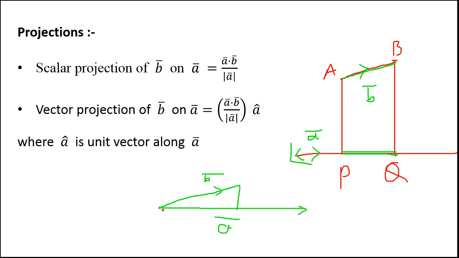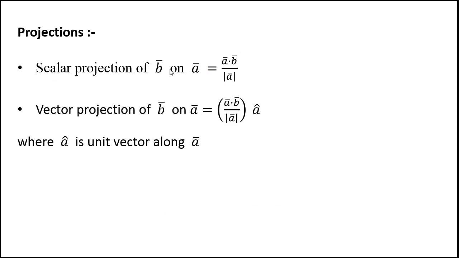Then this length is the projection of B bar on A bar, and we can prove that projection of B bar on A bar is equal to A bar dot B bar upon magnitude of A. So if we assume that this angle is theta, use definition of cos theta, and we can obtain this result. Okay, so this is about the scalar projection.